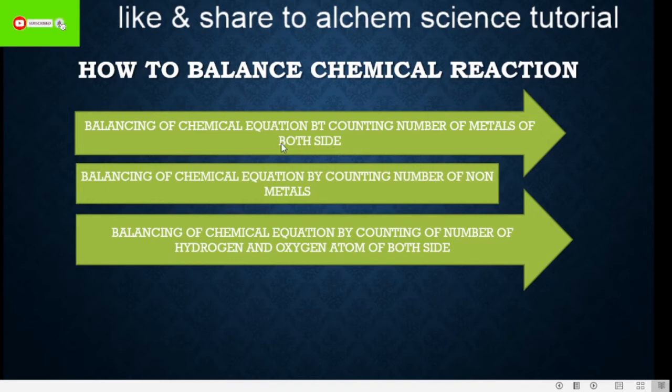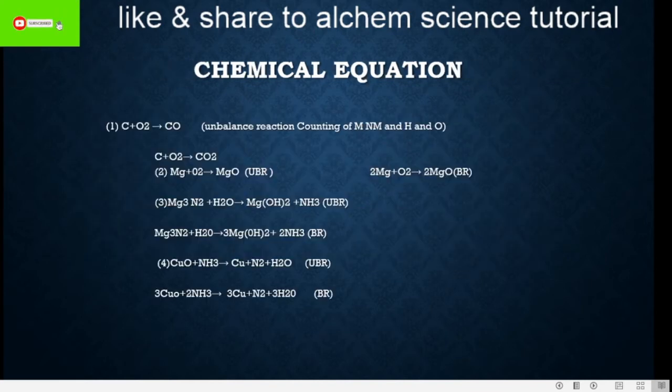After that we balance the non-metals, and after that we balance the hydrogen and oxygen of the chemical reaction. With the help of these three aspects we will understand how to balance a chemical reaction.